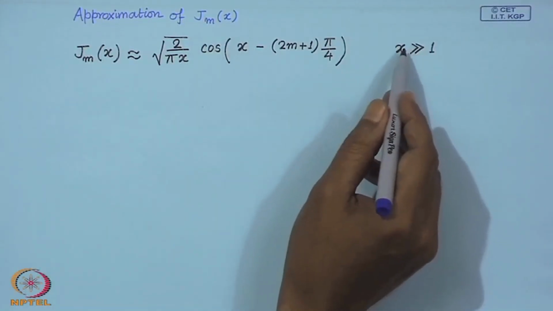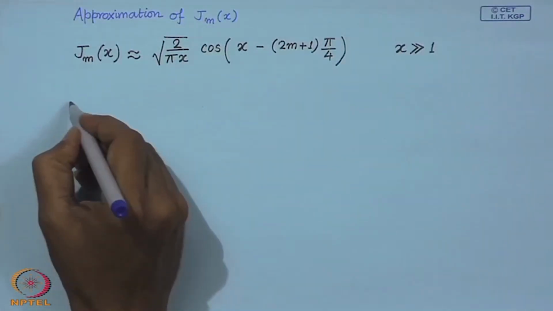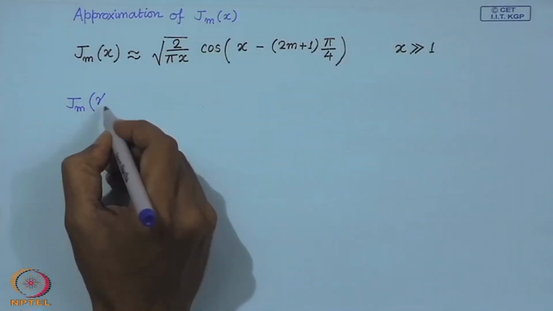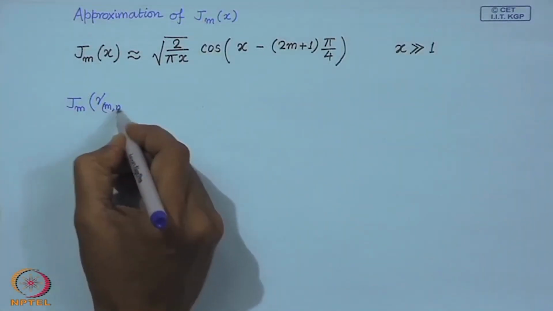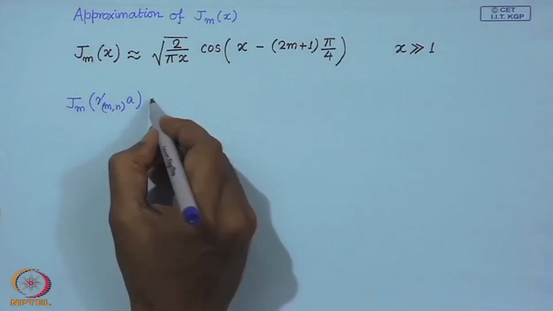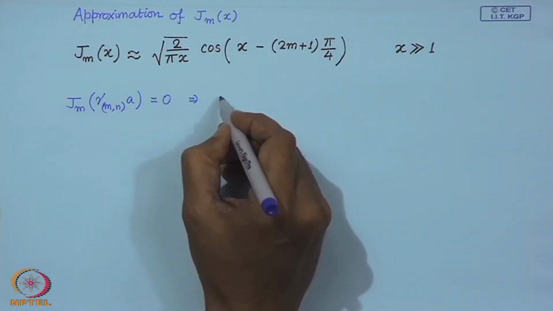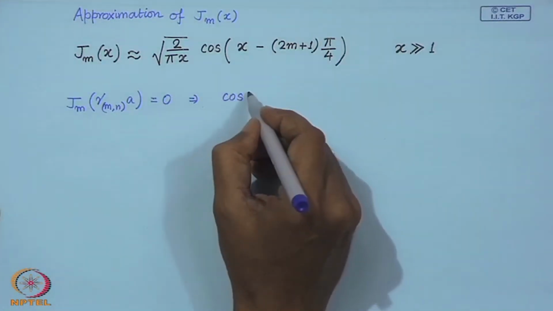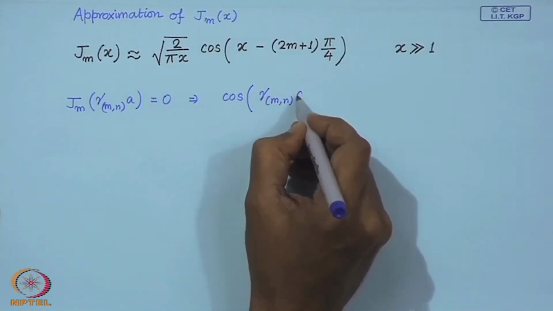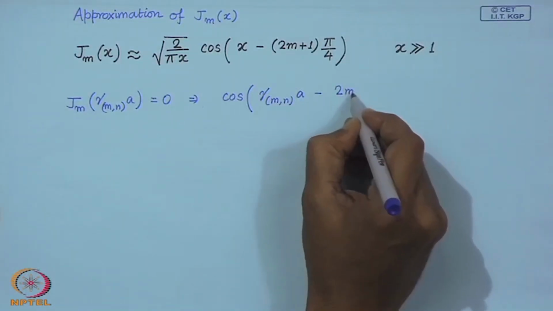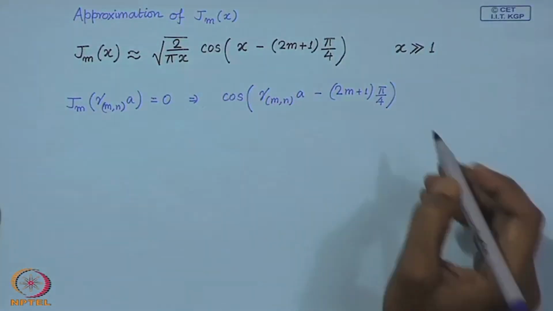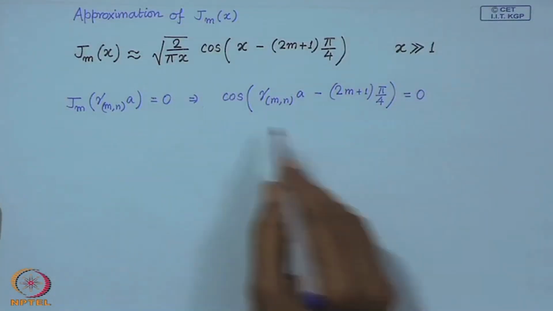Now, for large arguments, let us see what happens. We want to have this, so this must be 0.